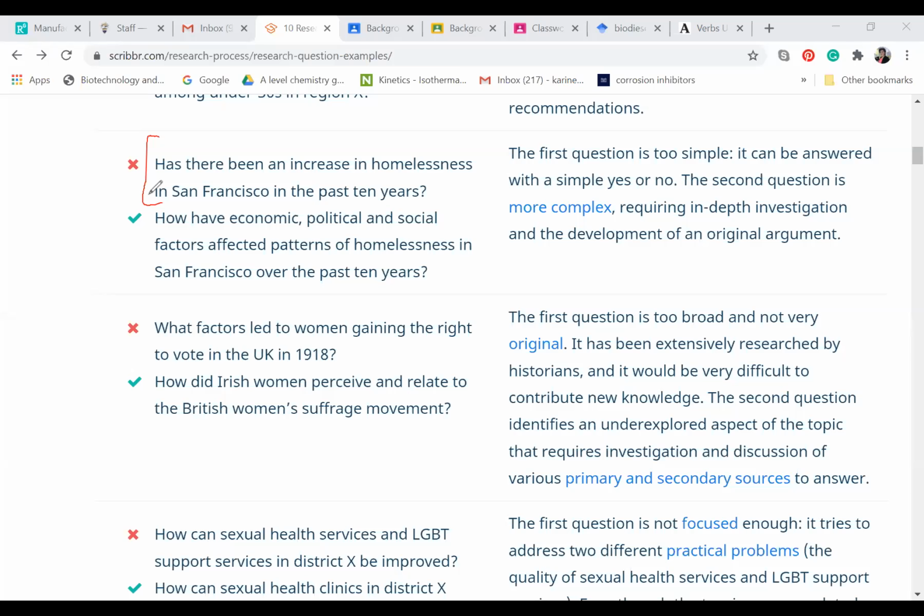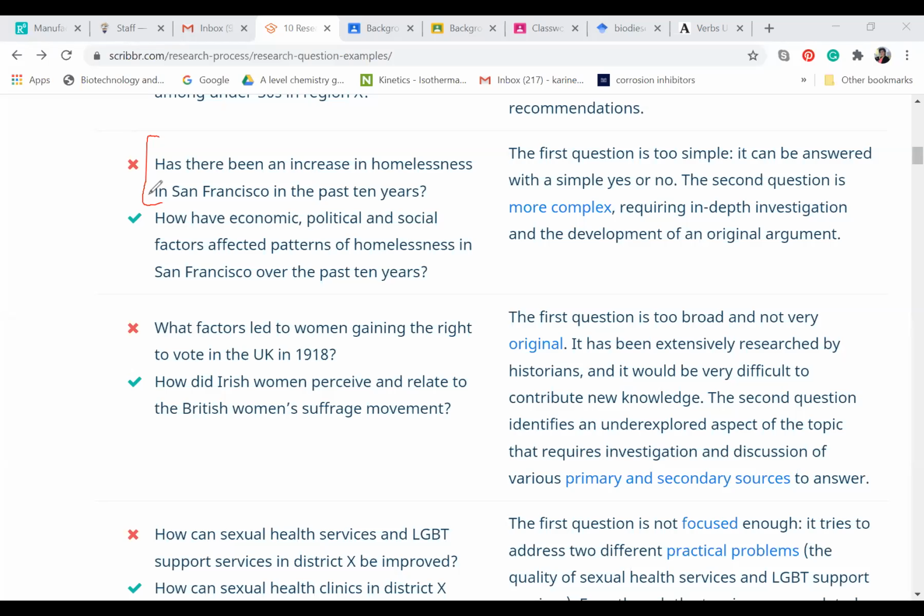Has there been an increase in homelessness? I think it would be better if they asked for an investigation or an analysis of the homelessness rate in San Francisco. A comparative analysis would be a better phrasing of it. Okay, so what are we comparing?